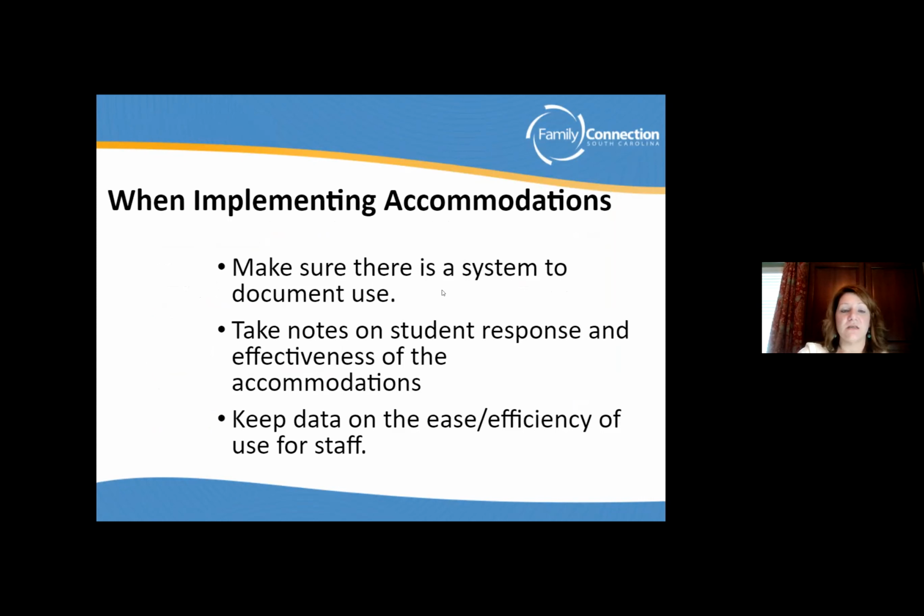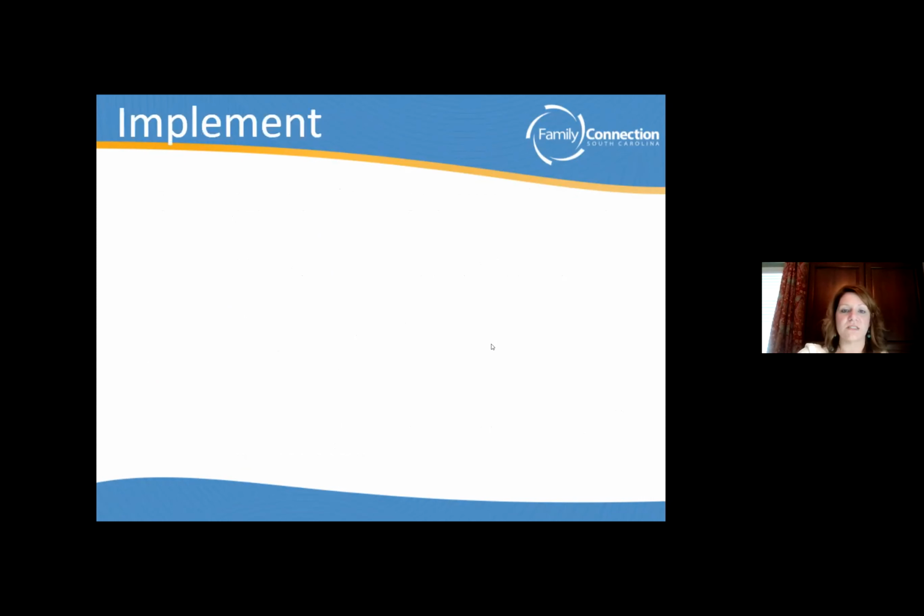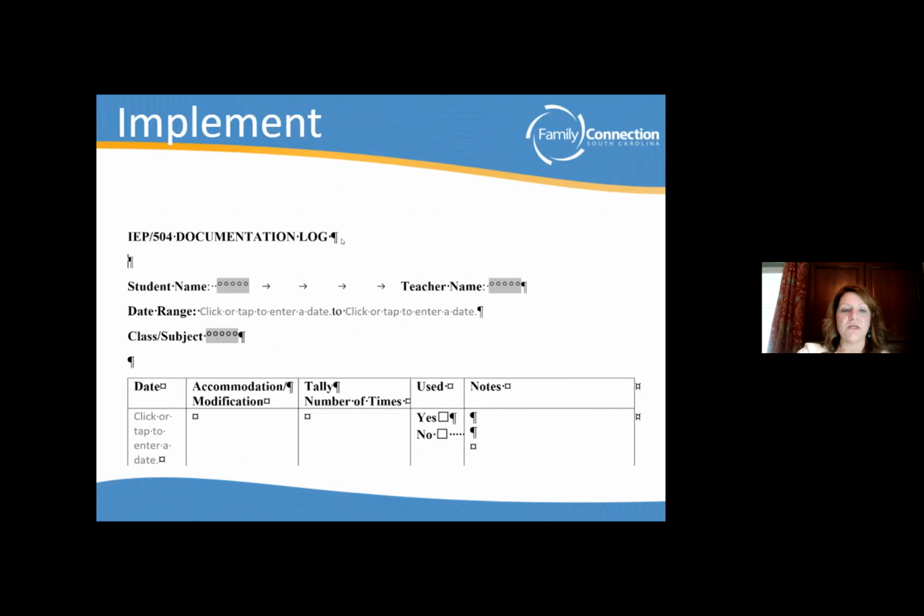Okay, so as we move to implementation of accommodations, we want to make sure there's a system to document. Was the accommodation implemented and how did it work? Taking notes on the student response and effectiveness of the accommodations, and then of course keeping data on how easy or efficient it was for use of staff. So here's an example of the kind of document that's often used to write down all these specifics we've just talked about for either IEP or Section 504 documentation.